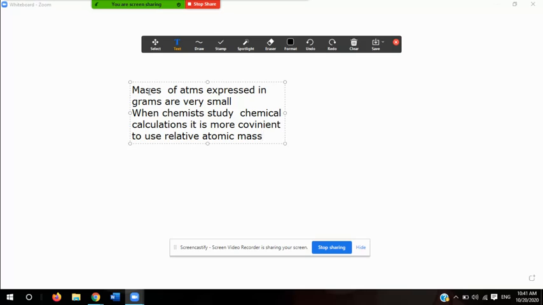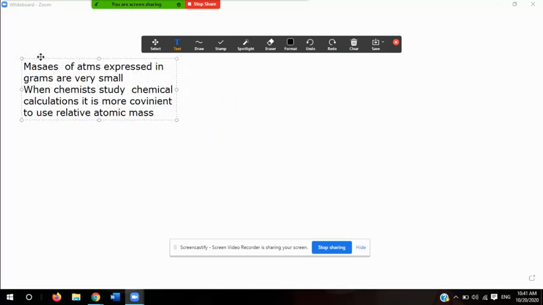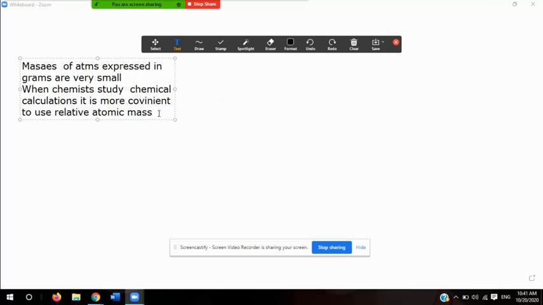Masses of atoms are very small, and because they're so small, when scientists or chemists want to calculate something like molar mass or atomic mass, and molar mass we'll talk about a little bit later on, they find it more convenient to use relative atomic mass.